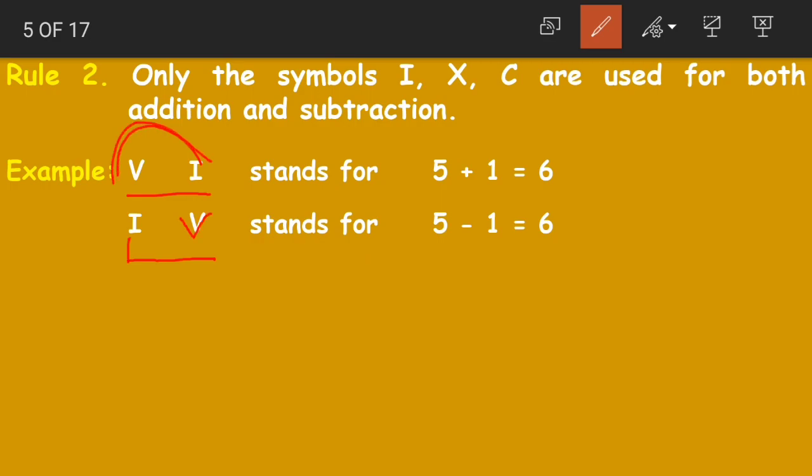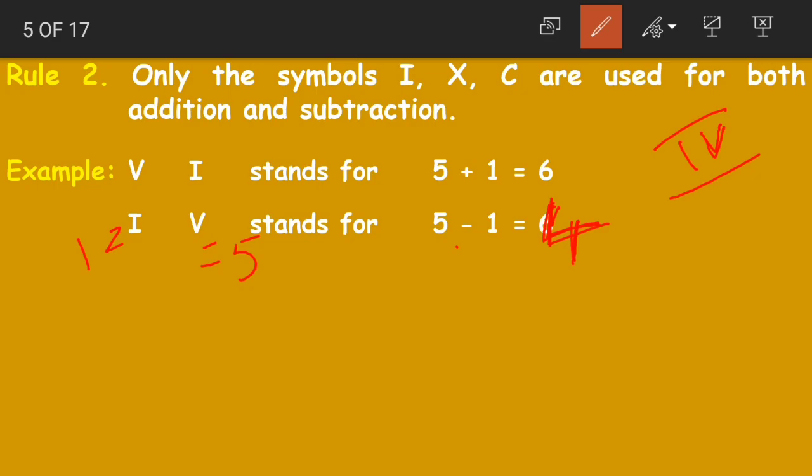V came next. So what we did here, we subtracted 1 from 5. I is 1, V is 5. IV is equal to 5 minus 1 is equal to 4. Now you might remember this, right? When you were in 4th class, you used this IV to represent your class 4 in Roman numerals.